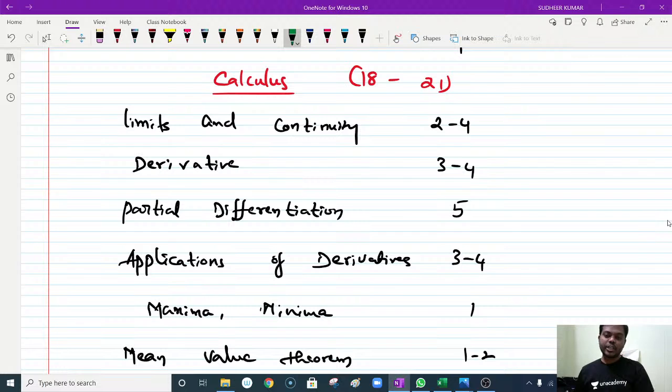Limits and continuity 2 to 4 marks. Derivatives 3 to 4 marks. Partial differentiation 5 marks. Applications of derivatives 3 to 4 marks. Maxima and minima 1 mark. Mean value theorem 1 to 2 marks.